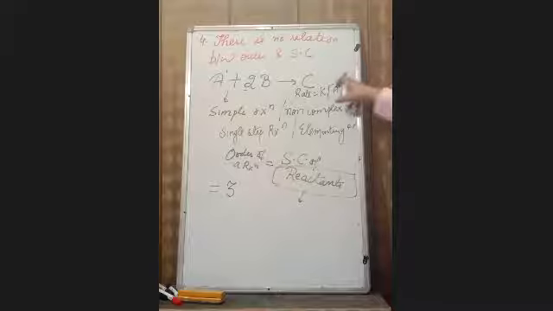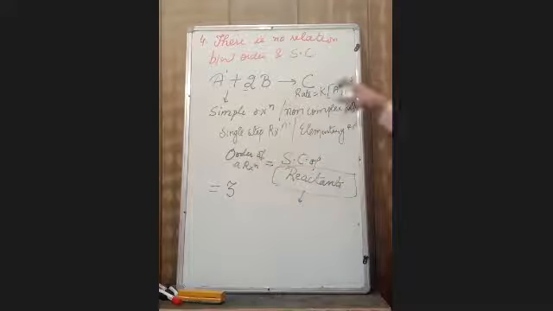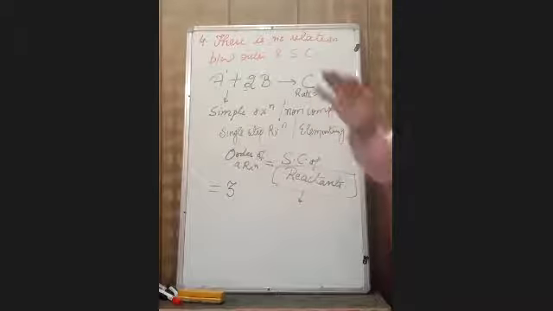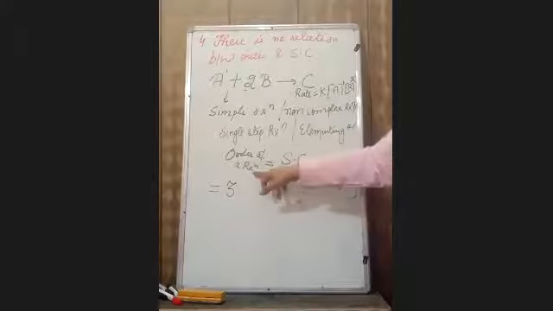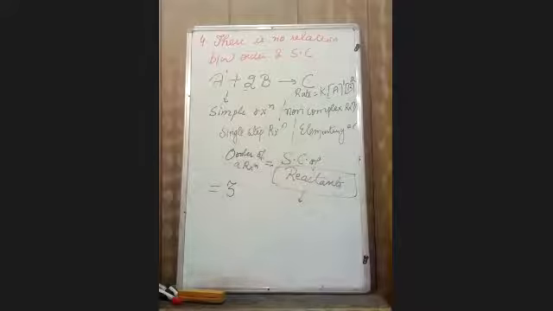So order will be 1 plus 2, that is 3. But this can be added only when it is the case of elementary reaction, simple reaction, non-complex reaction, or single step reaction. In this case, order of a reaction is equal to the stoichiometric coefficient of reactants, not reagents. Fine?